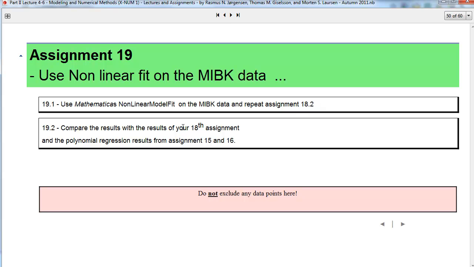And then try to compare the result and the residuals with what you got in assignments 15 and 16. I think it's 16 which is the most important, where you end up with a fourth order polynomial or fifth. And try to compare these.